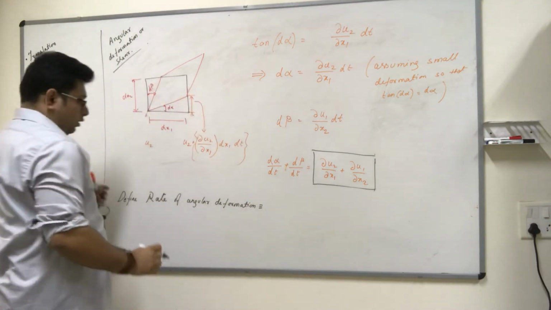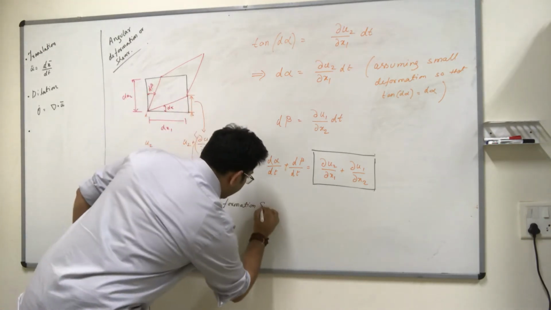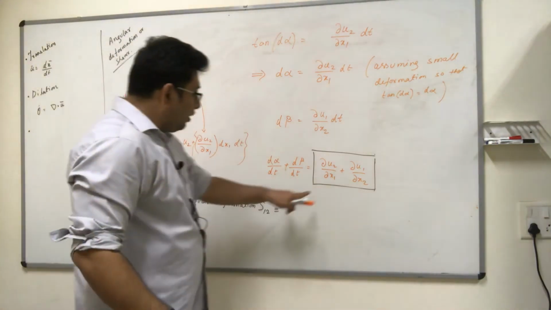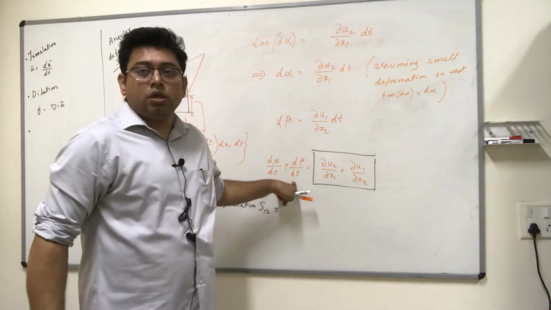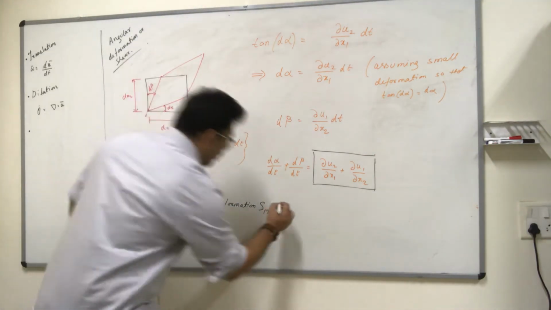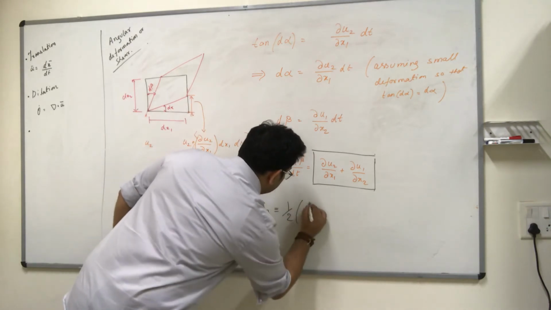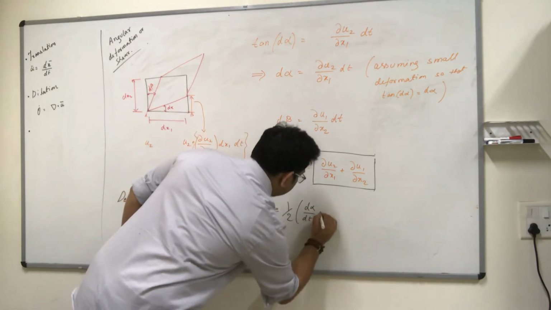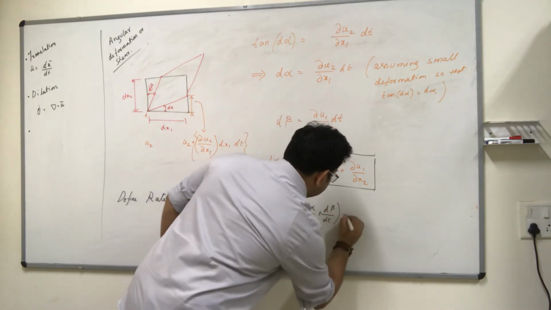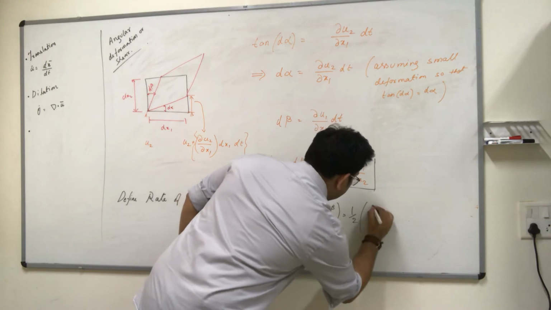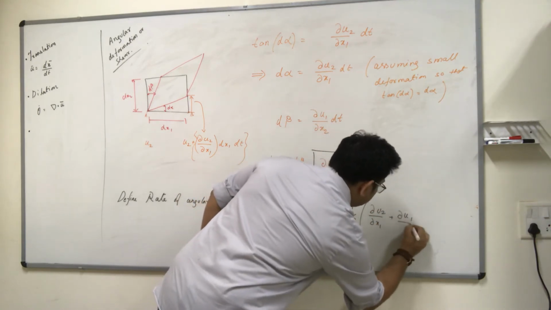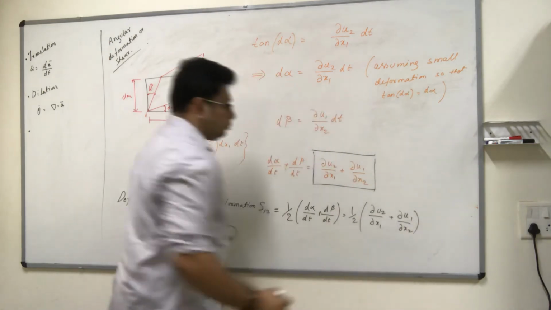I am going to name it S12, and I am going to define it as an average of this change of the angles. There are two angles that are changing, so I define it as a half of d alpha by dt plus d beta by dt, which is equal to half of del u2 by del x1 plus del u1 by del x2.